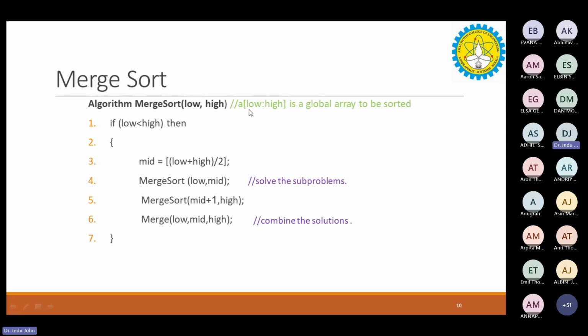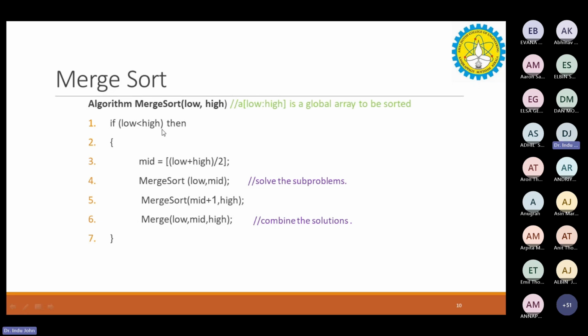Let us say our array is A. Array A, starting index is low and the last index is high. This is the global array which is to be sorted. This merge sort algorithm takes the starting index and the last index of the array as inputs, and then it checks whether low is less than high.